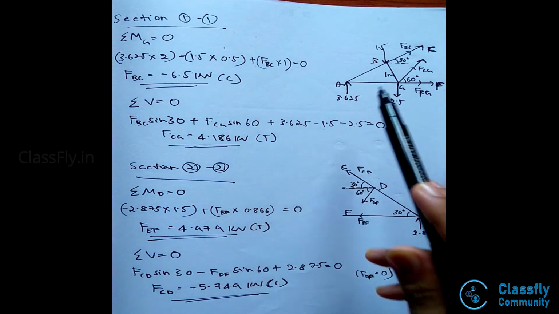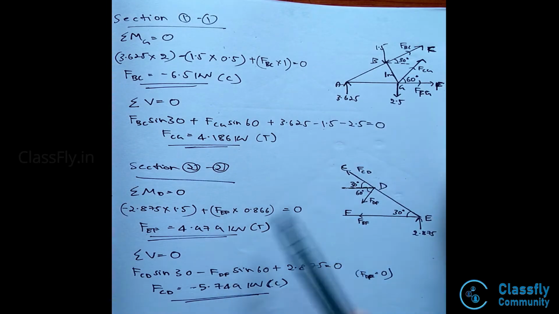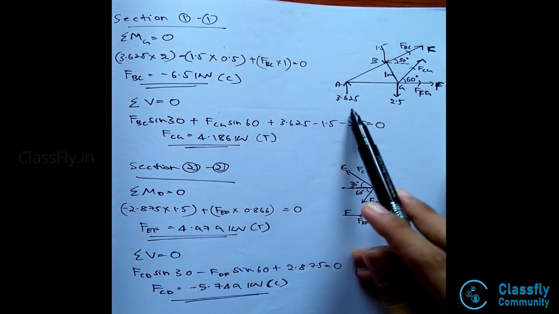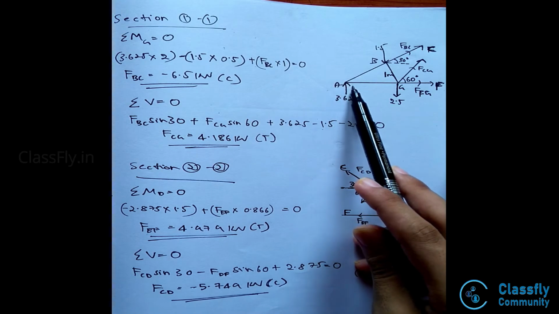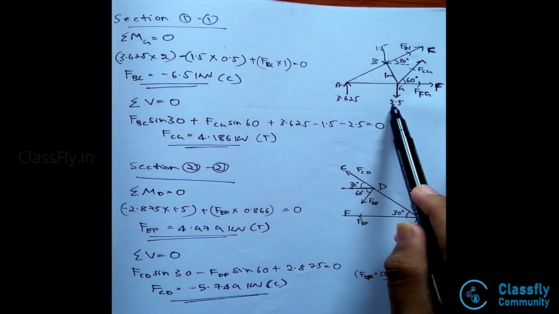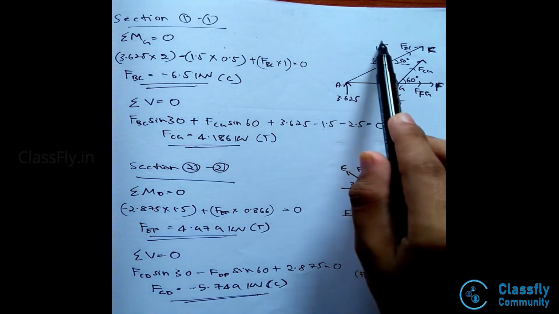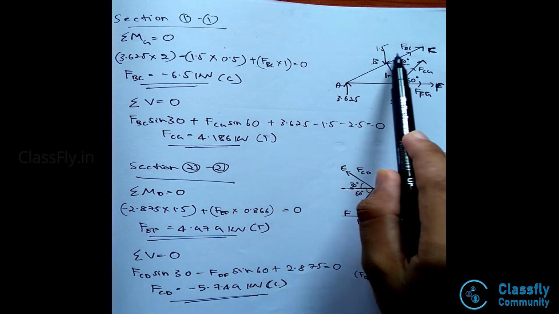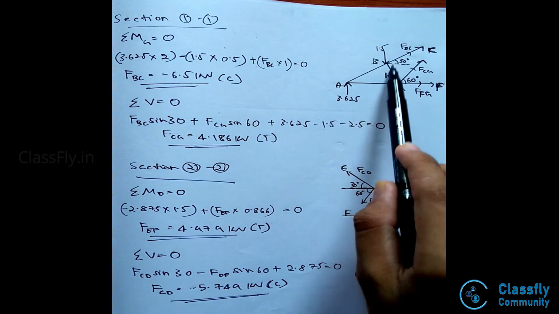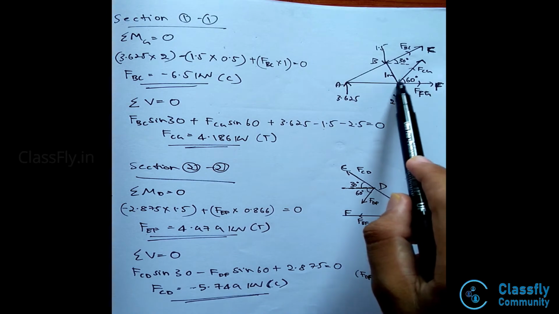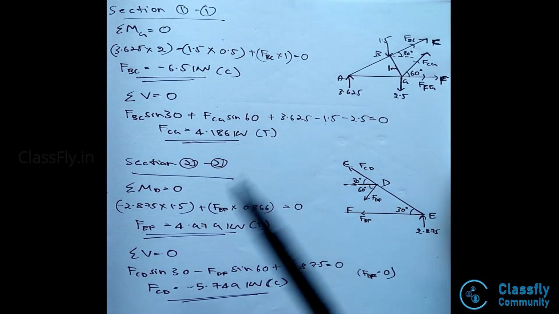Now consider the LHS of the section 1-1. It consists of joints A, B and G. Reaction force, that is RA, of 3.625 acts at point A, 2.5 kN load at G, 1.5 vertical load at B, and also FBC acting on joint B and FGC acting at joint G along with FGF.